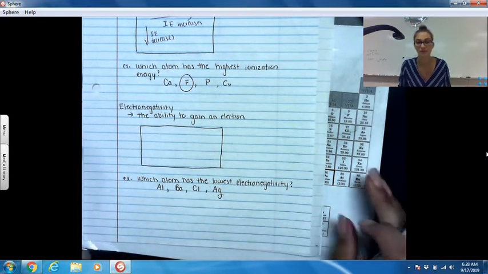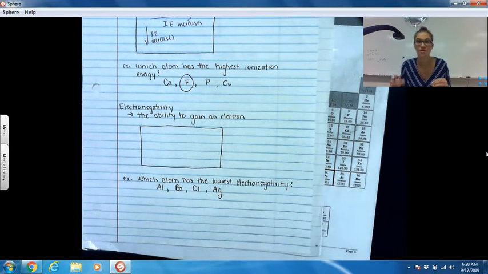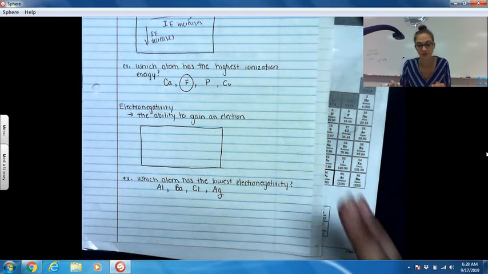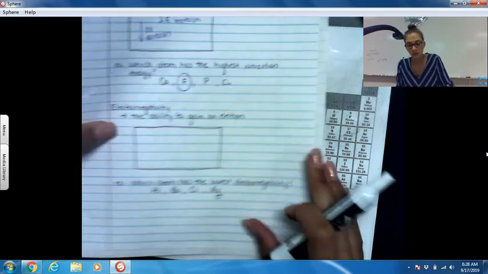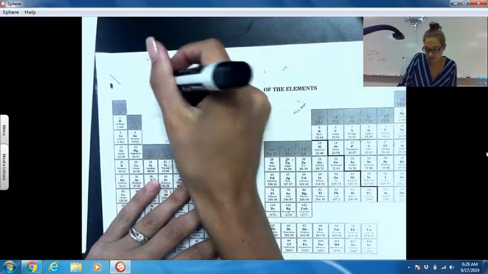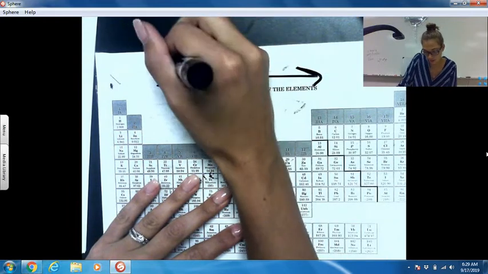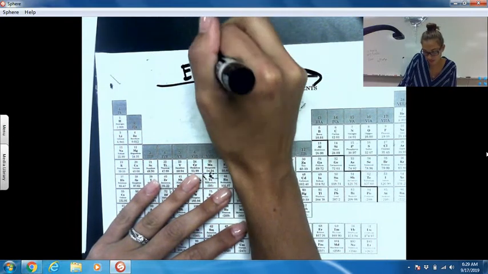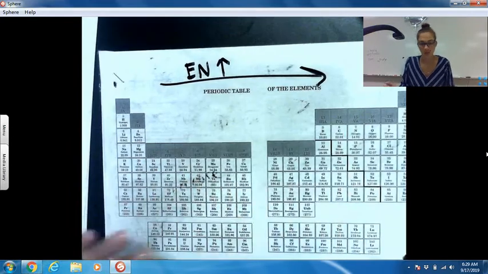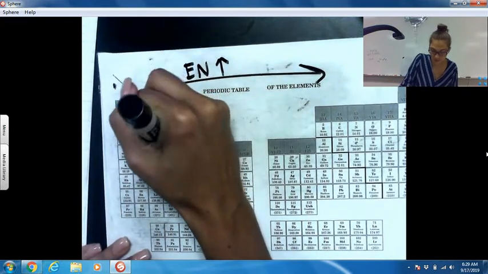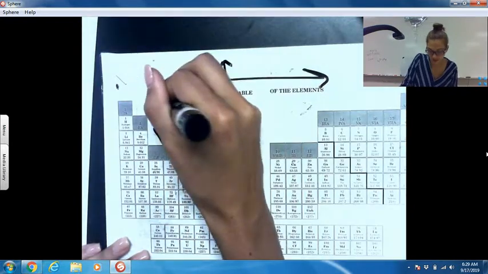This is not like a measure of energy, it's just how easy or how difficult it is for this particular atom to put another electron onto it. So when we go across the periodic table, electronegativity is going to increase. And when we go down the periodic table, electronegativity is going to decrease.